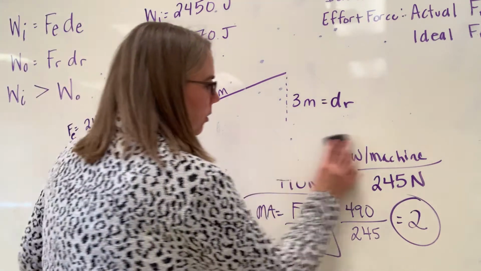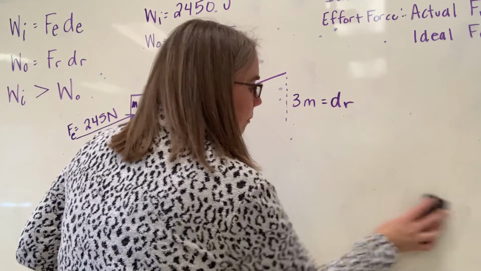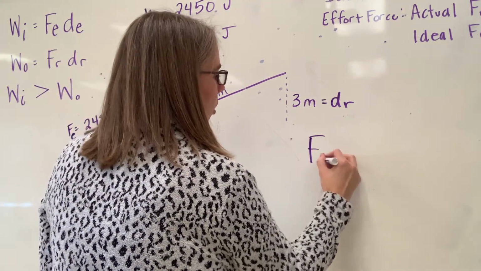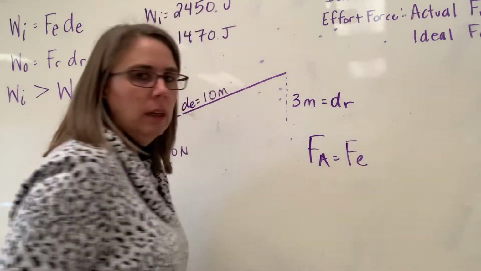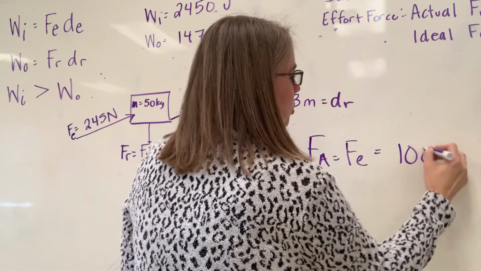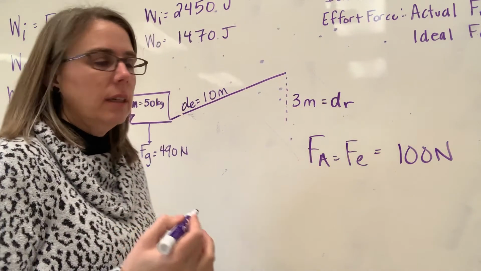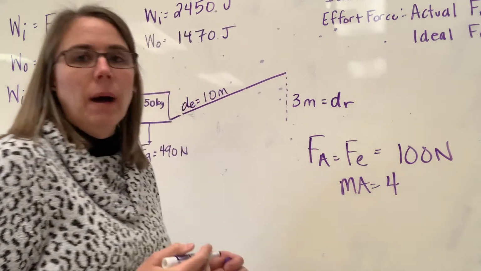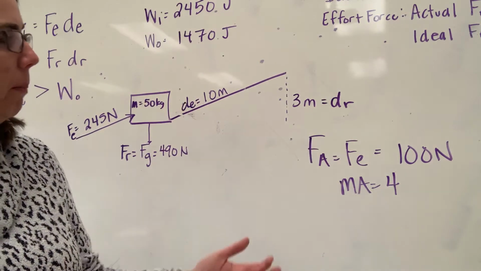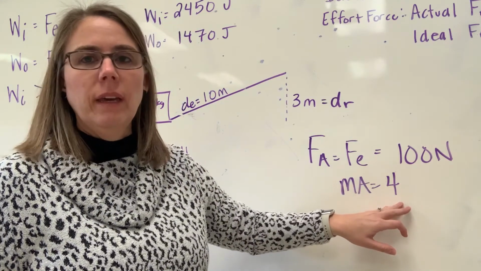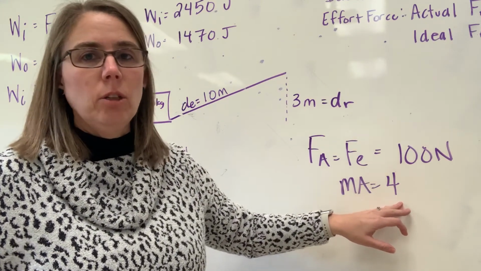Let me show you another example. Let's just say, for example, you are applying a force. Remember, we call our applied force effort force now. Let's say that you were using a machine that allowed you, and you were only going to apply 100 newtons of force. Let's say that this machine had a mechanical advantage of 4. So I might ask, for instance, if you're applying a force of 100 newtons to a machine that has a mechanical advantage of 4, how much weight could you lift?